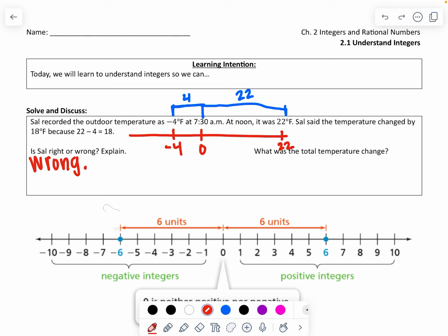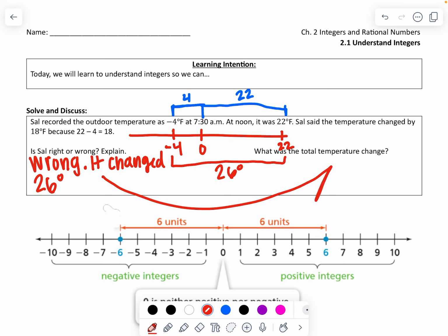And so that would be 26 degrees altogether. From -4 to 22, it changed 26 degrees. So we would say it changed 26 degrees. And that would be our answer over here, sorry. So Sal is wrong because it changed 26 degrees.